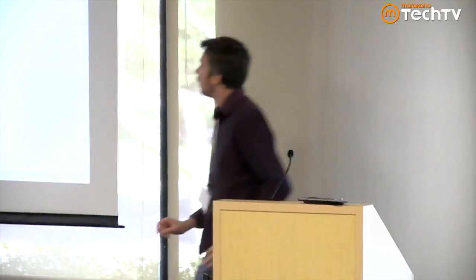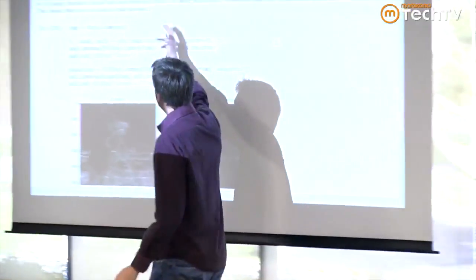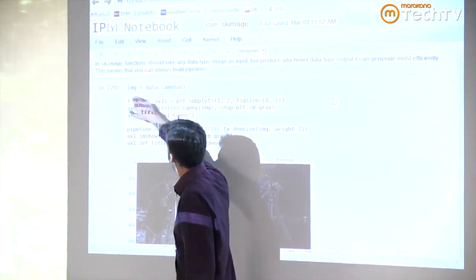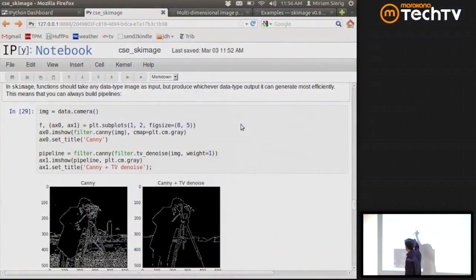Let's look at this example of constructing a pipeline. I take the camera image that I just showed you. I don't know what format that is in. It doesn't matter. The canny filter knows how to handle that. So that's what's plotted over here, just a plain edge detection. But if I first want to apply total variation denoising on my image and then do the canny filter, I can just string them together like this.